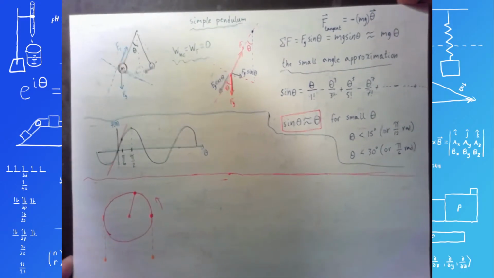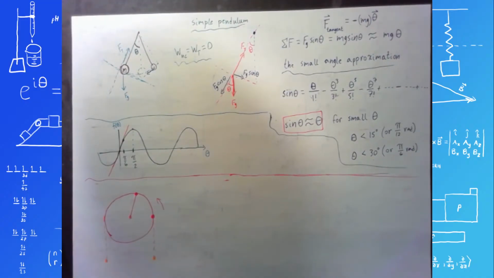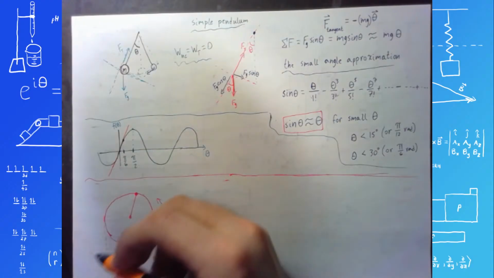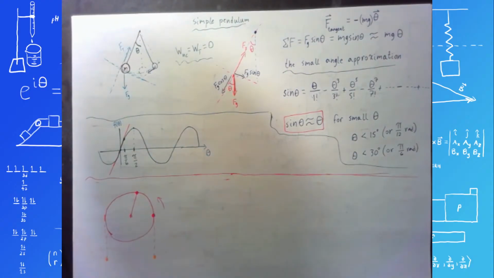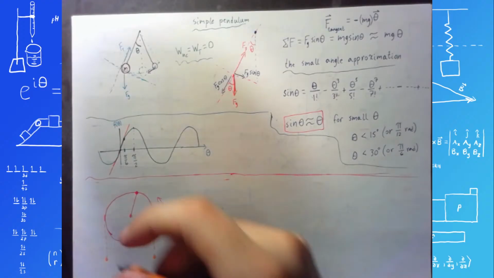Well, we can demonstrate this connection mathematically. We can demonstrate mathematically that if you just look at a component of the motion of something in uniform circular motion, purely the motion in x or purely the motion in y, then it does behave exactly like simple harmonic motion.